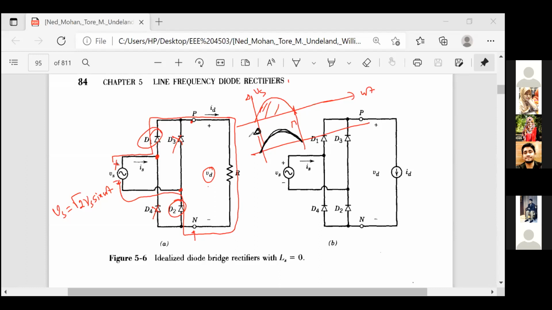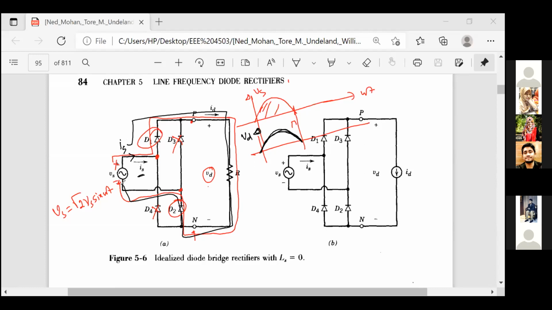So if I plot this one, this will be VD. And this is the source current. The source current will be the same wave shape as your load current, right? It is a series circuit. Am I correct or not? Yes, sir.